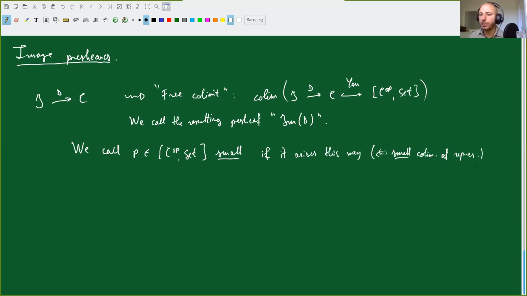Okay, so you probably know every presheaf is a colimit of representables, but usually a large one. So we just want to consider the small ones.